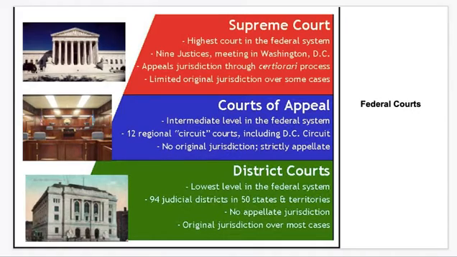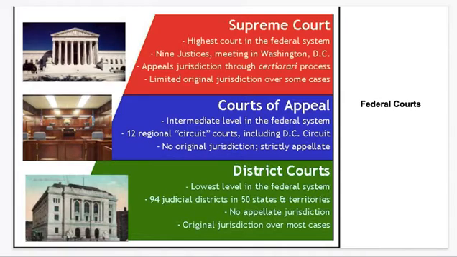So that's an option. Now, the third and highest court in the federal system is the Supreme Court. The Supreme Court has 9 justices. They meet in Washington, D.C., and the Supreme Court has appeals jurisdiction and limited original jurisdiction over some cases.